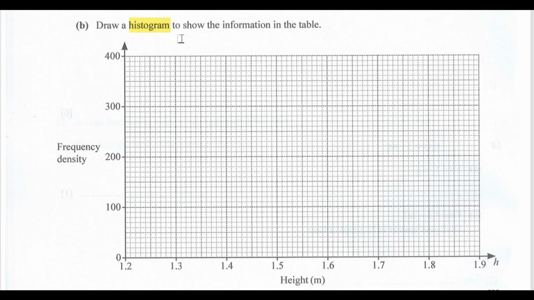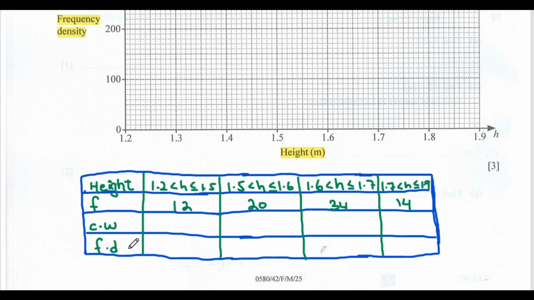B part is saying draw a histogram to show the information in the table. On the y-axis we have frequency density and on the x-axis we have height. And frequency density is the ratio of frequency over class width. So let me just calculate frequency density first. I have drawn the table again.